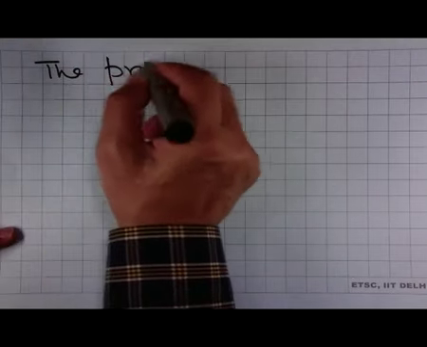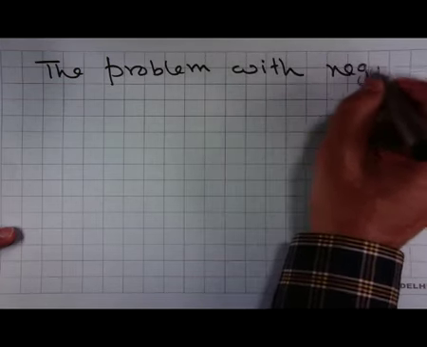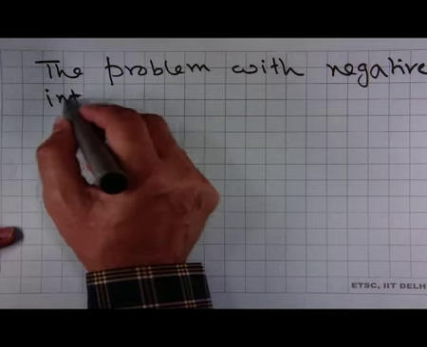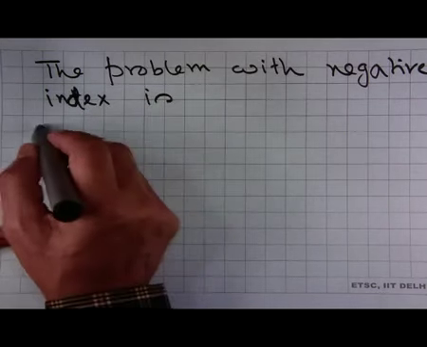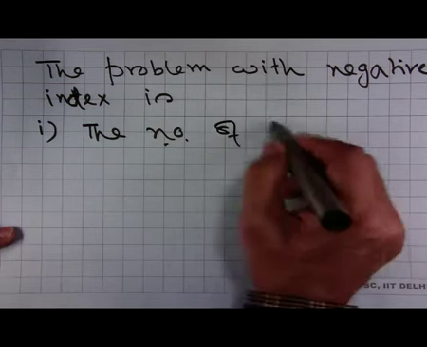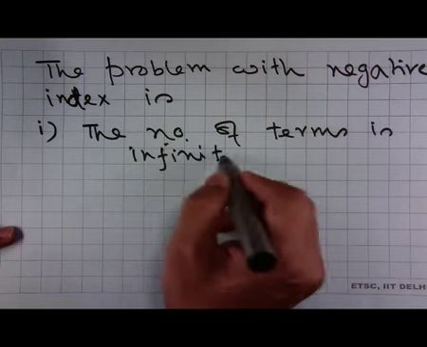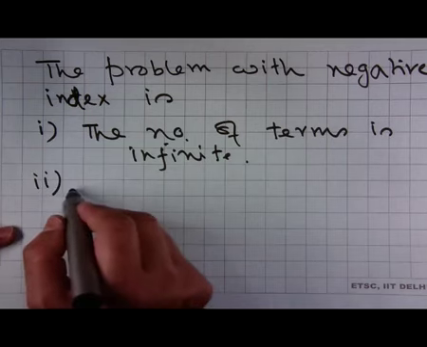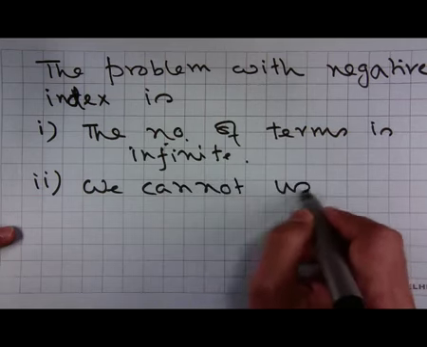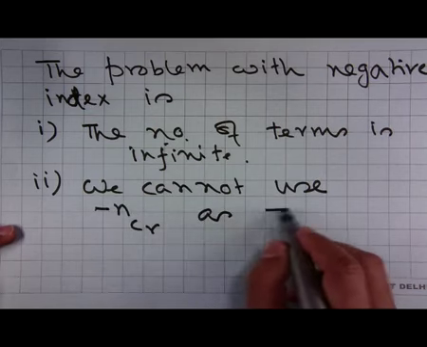The problem with negative integral index is that the number of terms is infinite, but more importantly, we cannot use minus n C r as this is not defined.